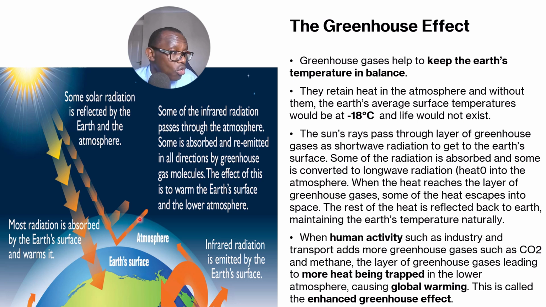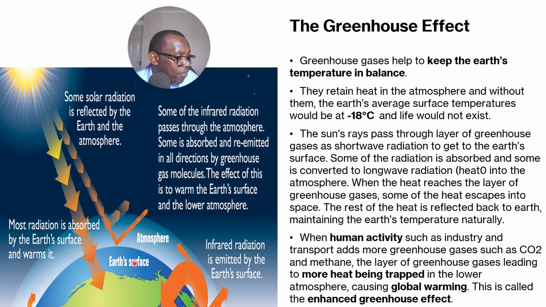Because if we did not have this layer of greenhouse gases, the earth's temperatures would go to minus 18 degrees Celsius, which is fairly cold. So some of the heat is trapped, like we've just said, and then some of it is lost into space.